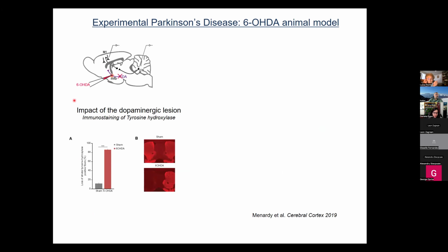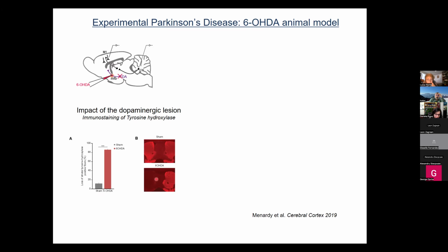For this, we inject a dopaminergic toxin, the 6-hydroxydopamine, in the medial forebrain bundle that links the substantia nigra to the striatum. And then we can measure the impact of this dopaminergic lesion classically by using immunostaining of the tyrosine hydroxylase, which is an enzyme essential for dopaminergic synthesis, and it is found in dopaminergic terminals.